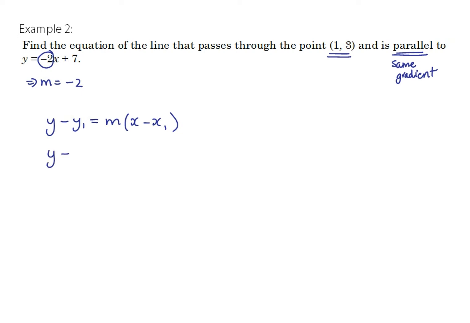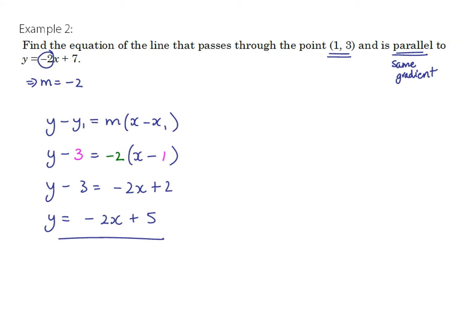So y minus the y coordinate of my point is equal to the gradient multiplied by x minus the x coordinate of my point. And so we have y minus 3 is equal to negative 2x plus 2, just expanding the brackets on the right hand side, adding 3 to both sides, y is equal to negative 2x plus 5. And so there we have the equation of our line.